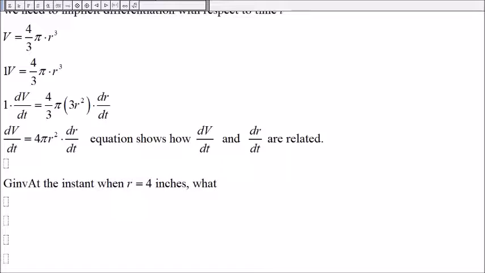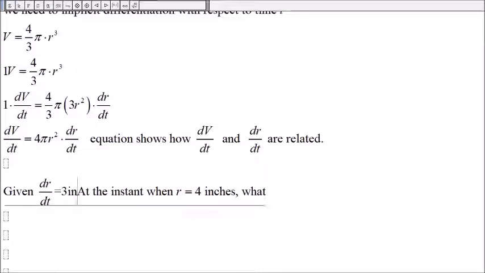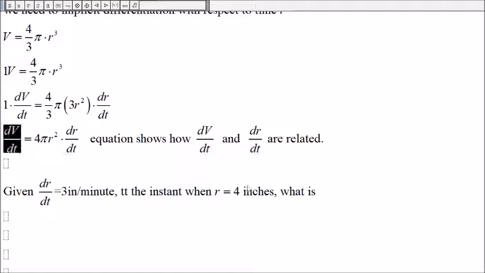And so suppose we're given that the rate of change of the radius, meaning the radius is changing at a rate of 3 inches per minute. And then at the instant when the radius is 4, what is the rate of change of the volume? So that's what we'd like to know.